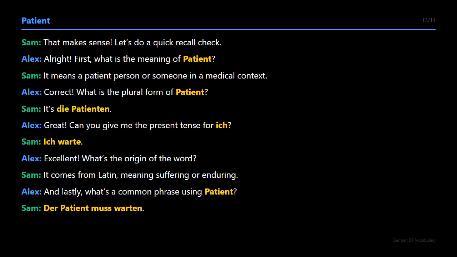Can you give me the present tense for Ich? Ich warte. Excellent. What's the origin of the word? It comes from Latin, meaning suffering or enduring. And lastly, what's a common phrase using Patient? Der Patient muss warten.